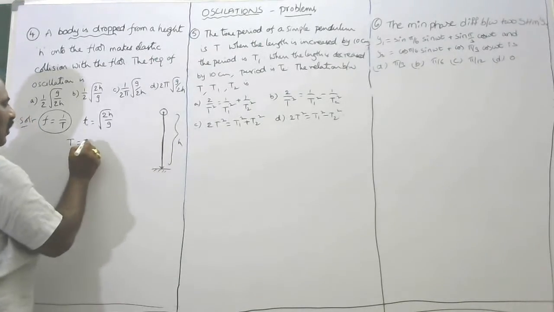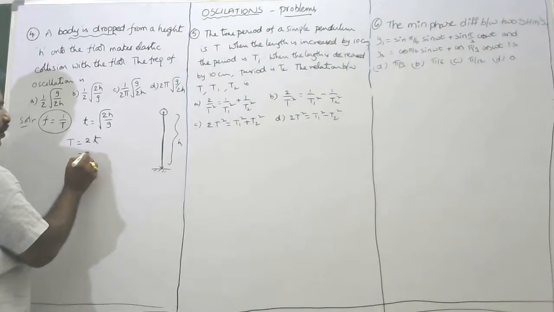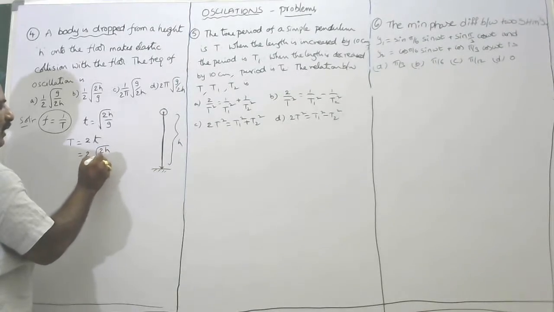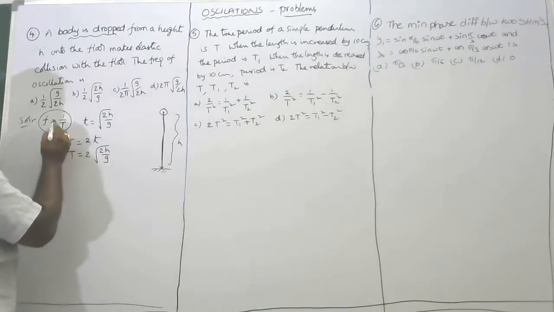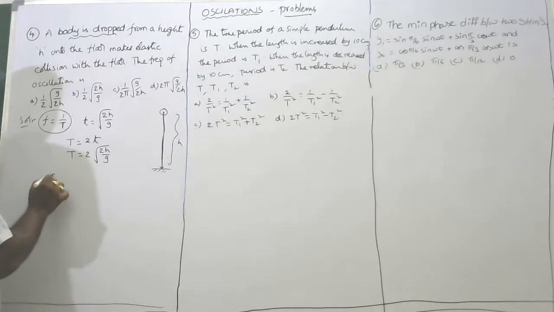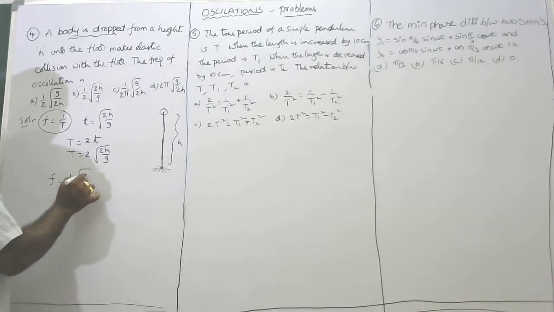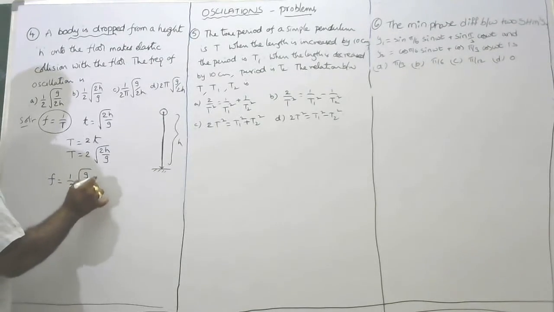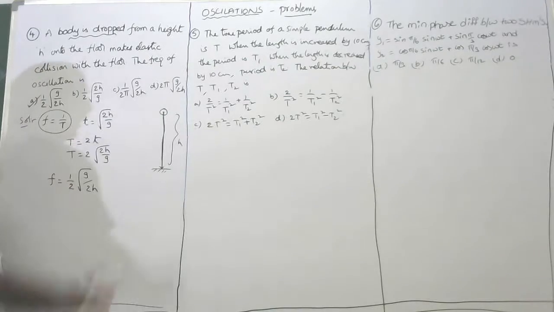So totally we get 2t. That means 2 into under root of 2h by g. This is the time period. Now frequency of the oscillation, small f is equal to 1 by capital T. That means 1 by 2 into root of g by 2h. So option A is correct.